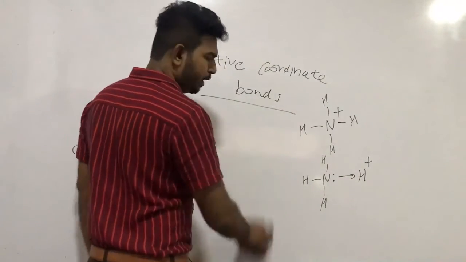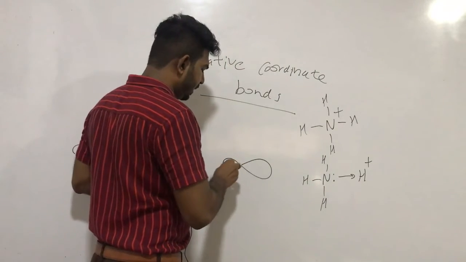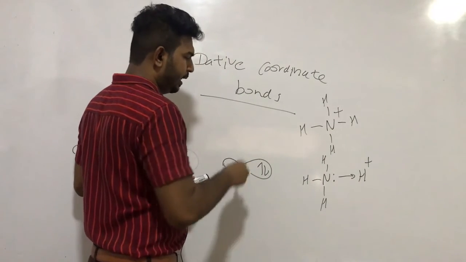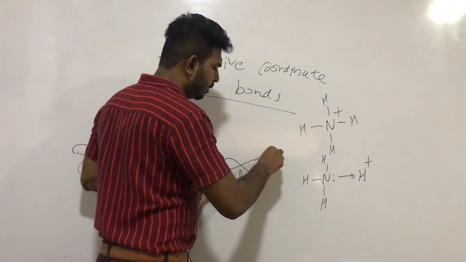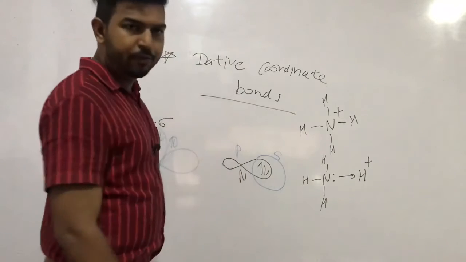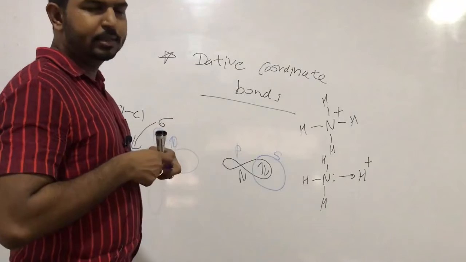Let's assume this is the p orbital. There are 2 electrons, and this will be overlapped with the s orbital of the hydrogen atom without any electrons inside it.